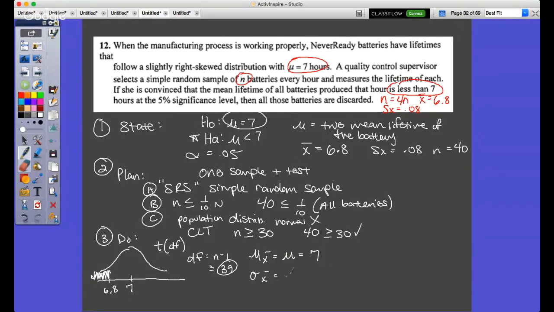Sigma of x-bar is equal to s of x over the square root of n, which would be 0.08 divided by the square root of 40. Okay, let's see what we get here.